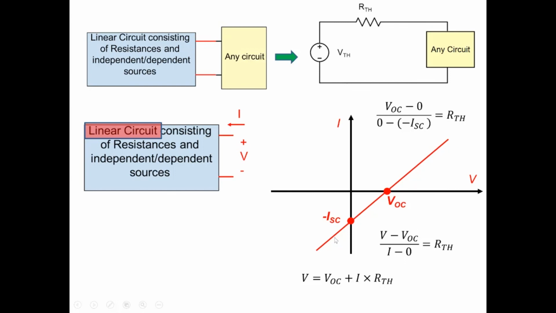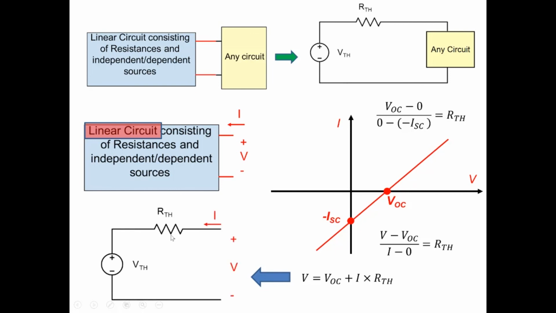So this line, which is the IV characteristics of this particular circuit, can be expressed in this form. This is the equation of a line. And this expression we can show in the form of a circuit: V equal to VOC plus I into RTH. Instead of VOC, we have written VTH here, and RTH we've already seen as VOC by ISC.